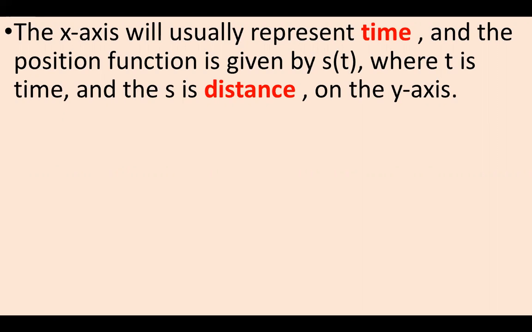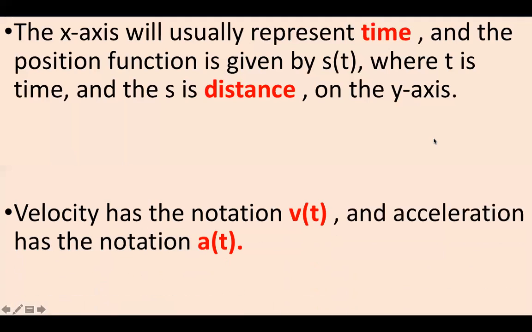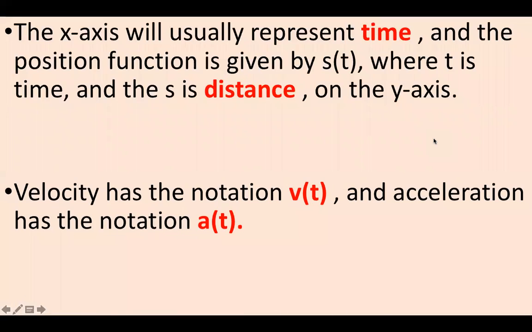The t is going to be time, and the s is your distance on the y-axis. So y-axis is distance, t is time, usually when it comes to distance-time graphs. And again, they usually use s to represent that function. Velocity has the notation v of t, and acceleration has the notation a of t. So those are just some things to know.